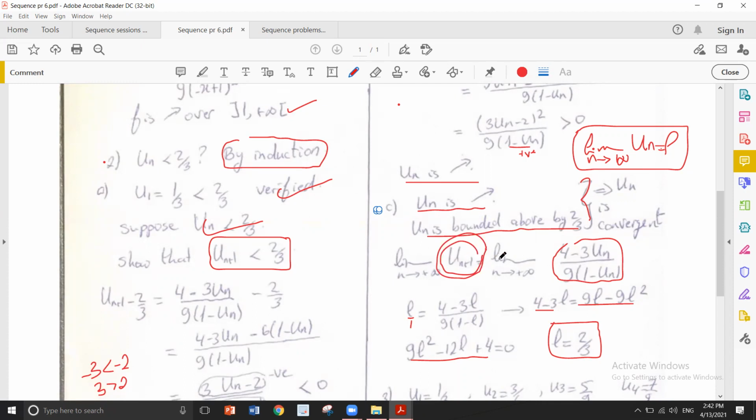I take the limit on the two sides. The limit of un plus 1 is L, and the limit of un is L, so it becomes 4 minus 3L over 9 into 1 minus L. Cross multiplying to get an equation of the second degree, 9L squared minus 12L plus 4 equals 0. We get L equals 2 over 3.